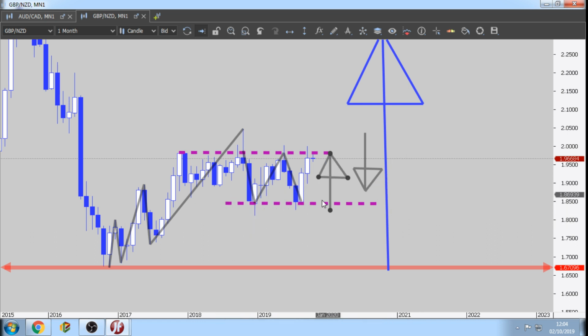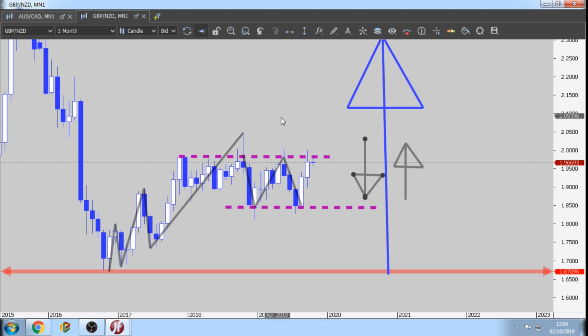So higher probability is going to be the long trade. Still, you can go short because we are in a confirmed sideways channel. Nonetheless, remember that the Brexit is not over, so all the GBP pairs are fundamentally risky. This is the monthly chart.